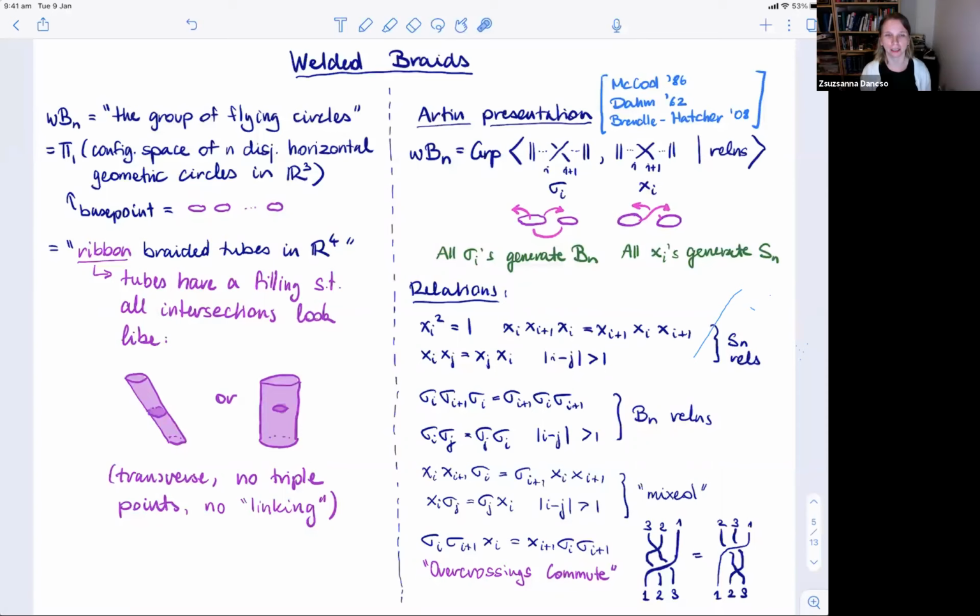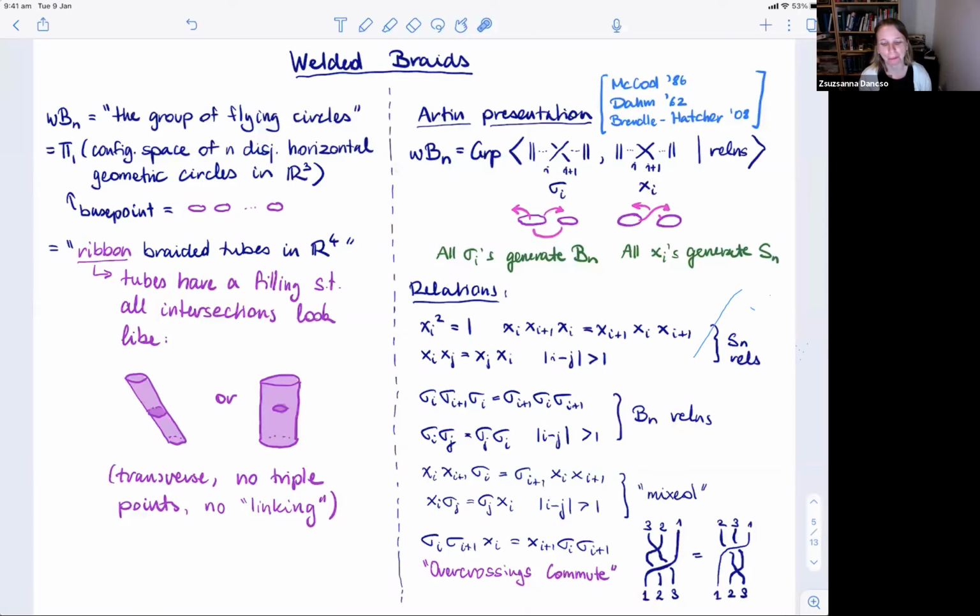Yes, they can change their radius, and indeed they have to stay horizontal circles. So is the whole moduli space finite dimensional? I think we can make it finite dimensional, and this will simplify things a lot. Yeah, okay, I believe you.